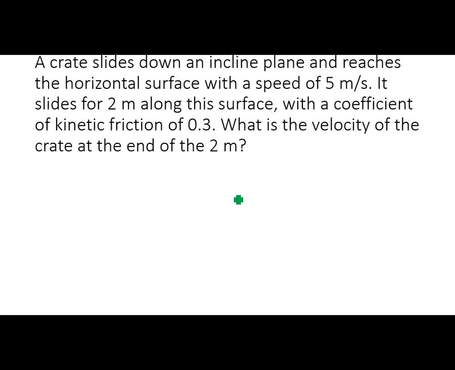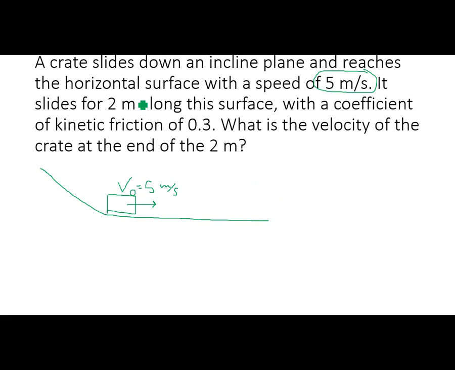Because the initial information just tells us how the object got its speed of 5 meters per second, right? So the inclined plane is kind of irrelevant. What we know is the object slid down an inclined plane, reached the level surface here, moving with a 5 meter per second speed. Okay? So in terms of our problem, that's our initial velocity.